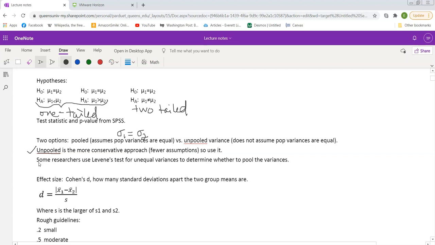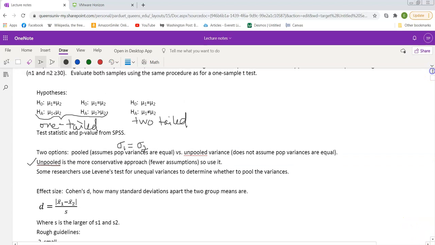Levene's test is not all that effective of a test. So we'll just always go with the unpooled option. But I wanted you to know this so that, if at some point you see this, I don't want you to say, my teacher taught me wrong, because a lot of statisticians would say don't use Levene's test.